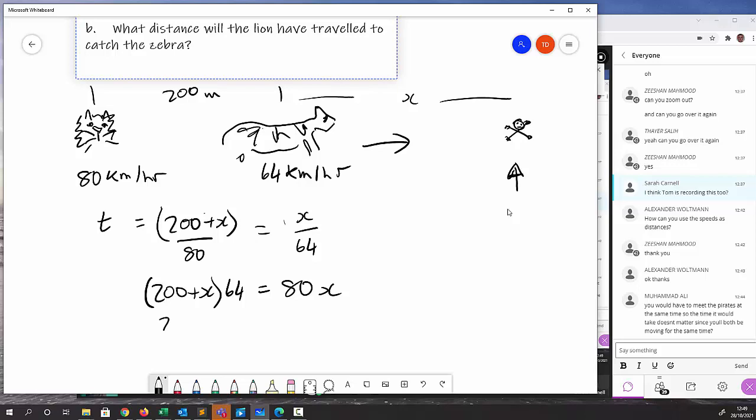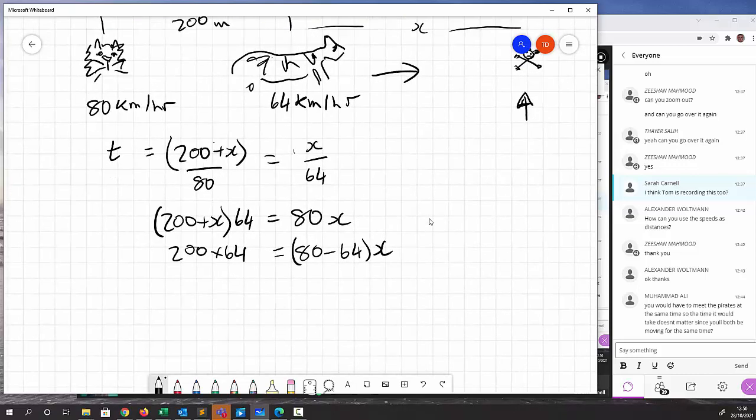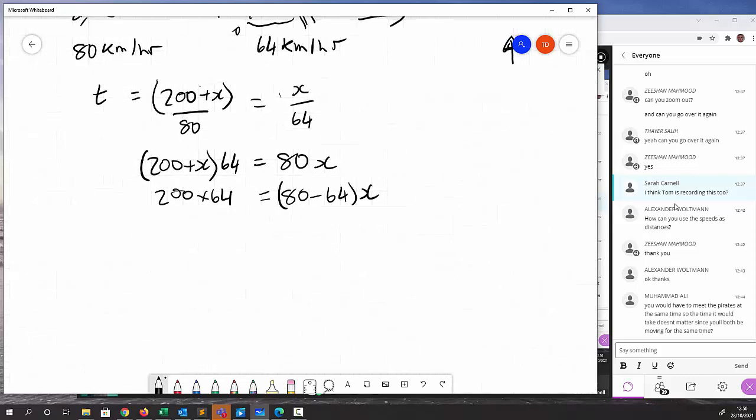So I'm going to have 200 times 64 is equal to 80 minus 64, brackets x. Okay, see what I did there? So 80 minus 64 is going to be 16. So 16x is equal to 200 times 64.